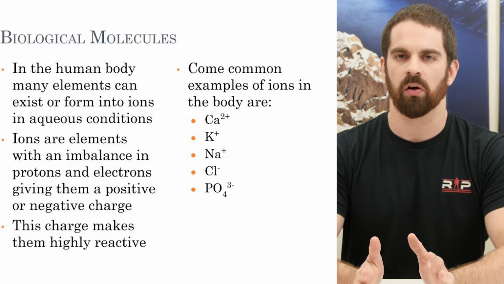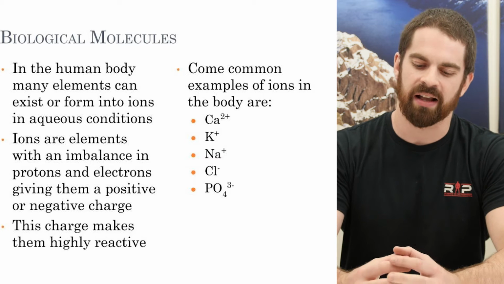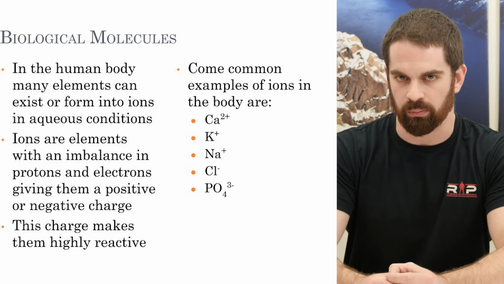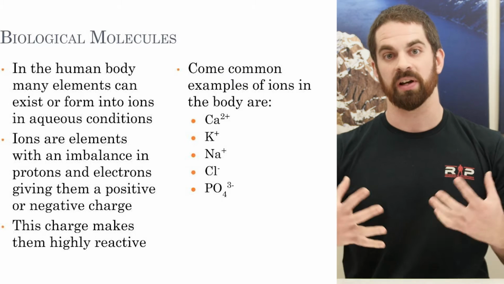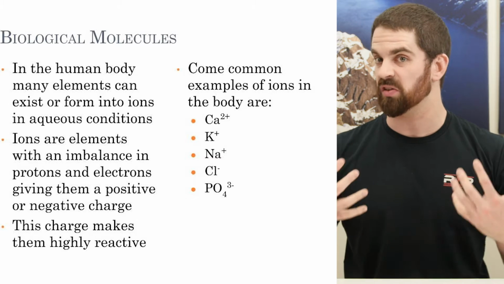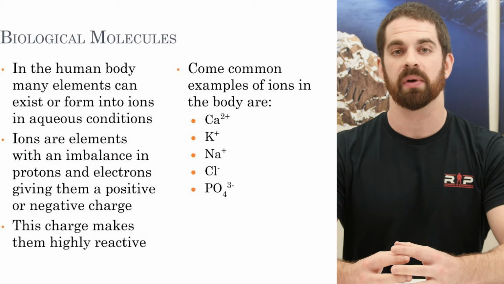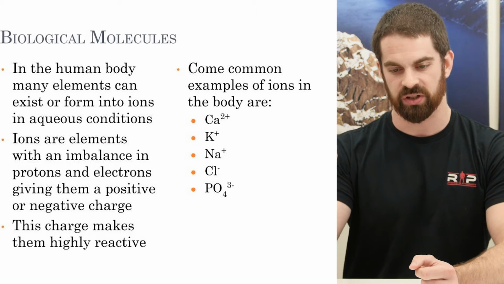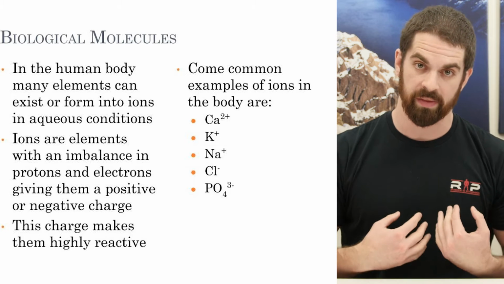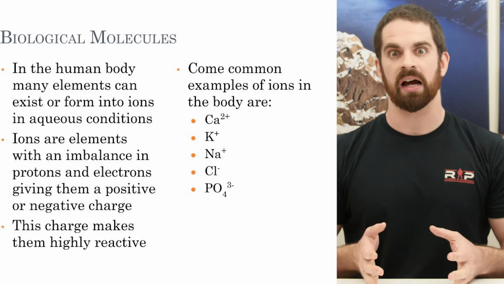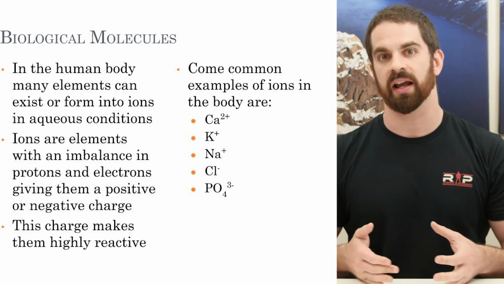In the human body, we know that most elements do not sit in their base form, right? Typically, the body is what we like to call an aqueous solution. The body's made of mostly water, right? And accordingly, what we see is when elements are placed in an aqueous solution, whether it's just dumping them in some water or the way that they're found in the body, they typically ionize, which means they start to have a charge.